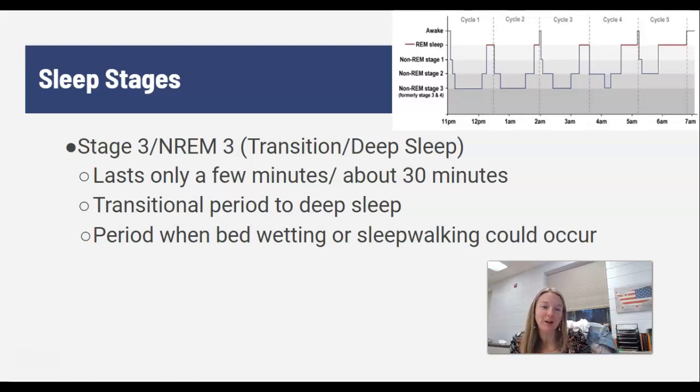Another interesting bit in that regard: about 20% of kids between 3 and 12 have at least one sleepwalking incident in their life, but typically only about 5% have repeat incidences of that. You don't need to remember those percentages. I just wanted to share that with you so that you have it. Interesting things to think about when we talk about deep sleep.